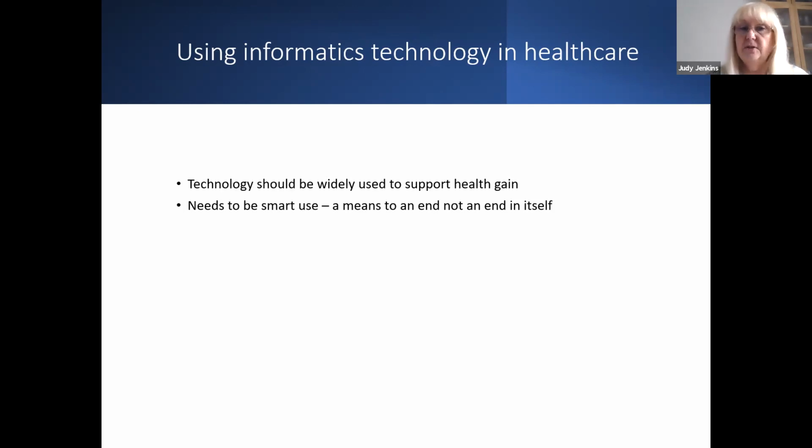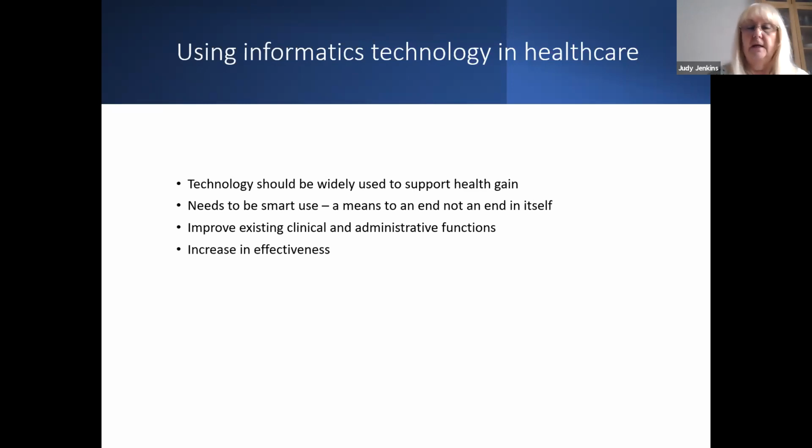But if we can use technology to improve speed and efficiency, then surely we should actually be actively encouraging that implementation in healthcare. So all informatics technology should improve existing clinical and administrative functions as well. And it should increase effectiveness. And it should help us to think about developing new and better ways of working.